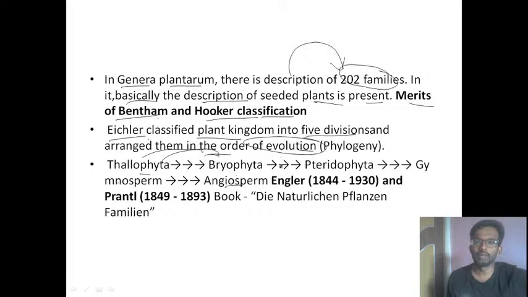Engler gave this kind of order during the years 1849 to 1893, in the book Die Natürlichen Pflanzenfamilien. So he has given this as a book name.